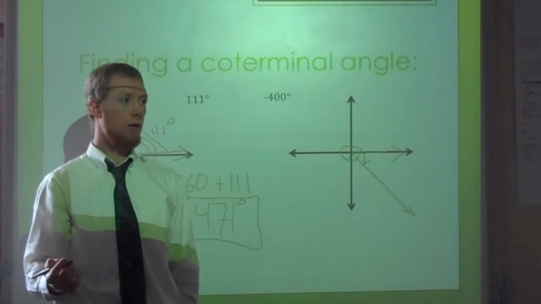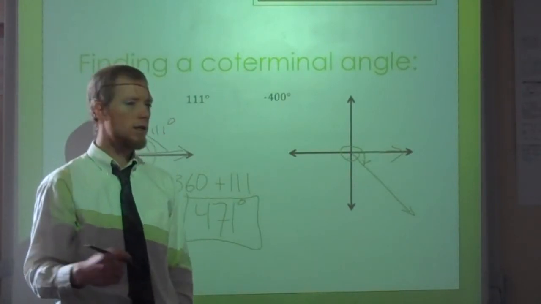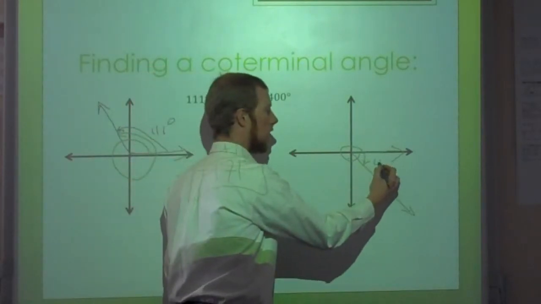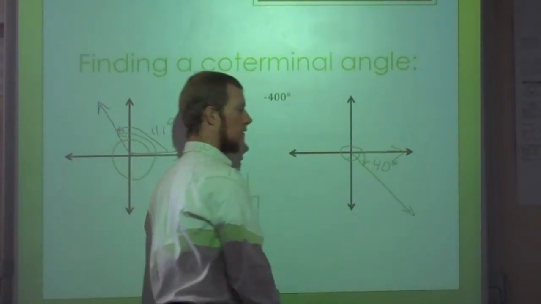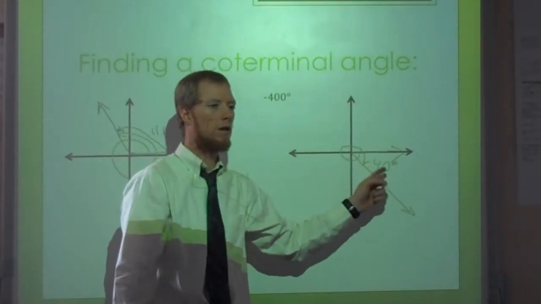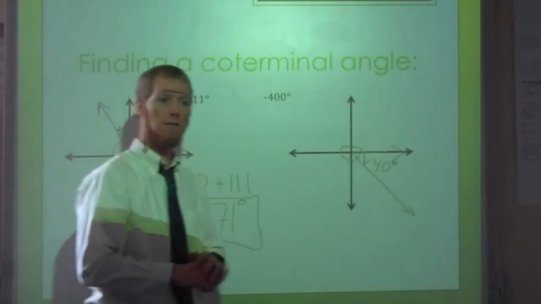Now when I label this, one of the things that I would do is label just this little interior angle here. We know that we started with negative 400, but that we had to go 40 degrees past negative 360.